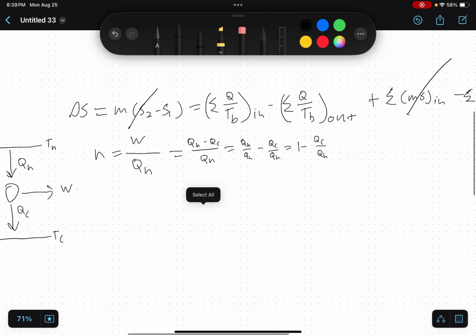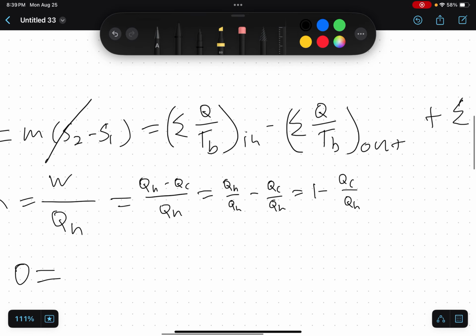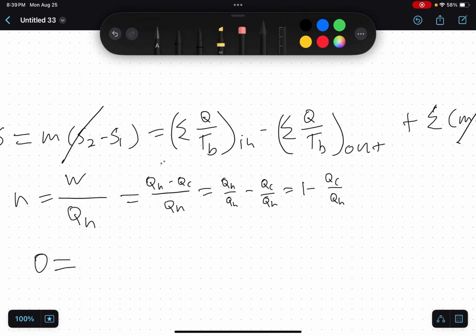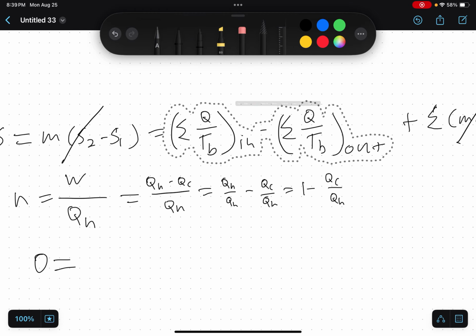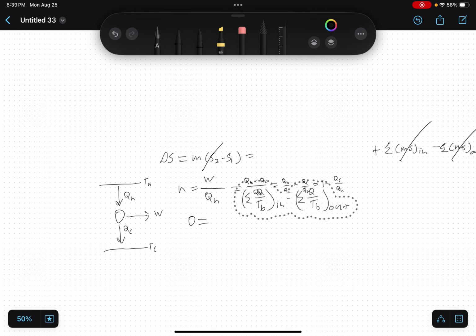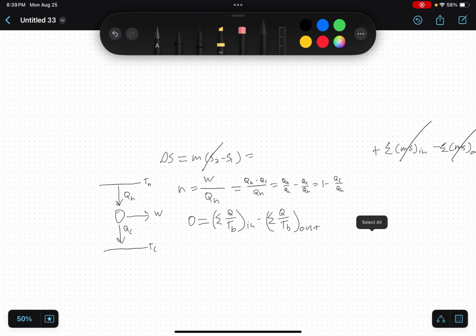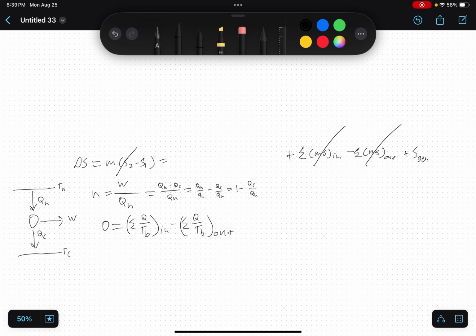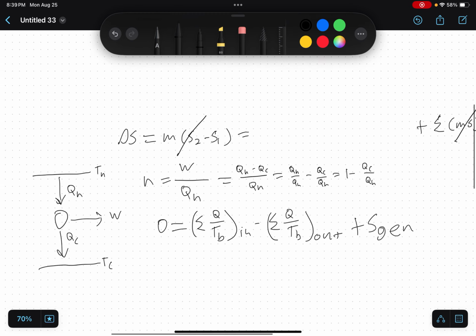We are left with 0 equals, all right, fine, I'll just write it this way, plus Sgen. Cool, so that's what we're left with.